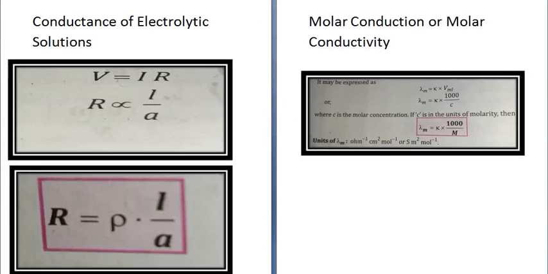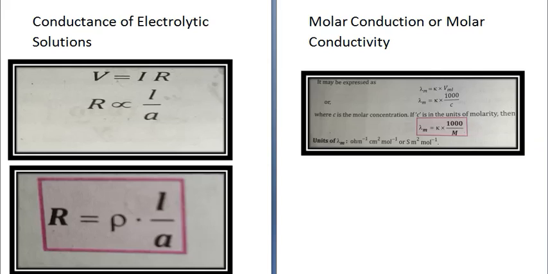Next is conductance of electrolytic solutions. Now, substances which allow passage of current through themselves are called conductors, and this process is called electrical conductance. Now, there may be electronic conductors or electrolytic conductors.